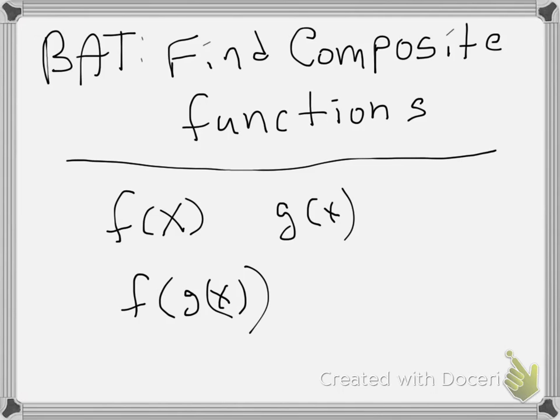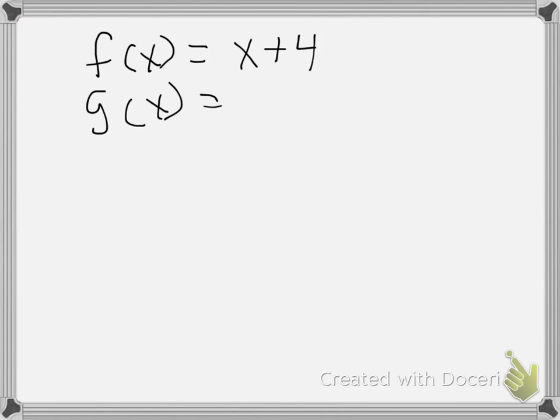Now, if we went ahead and named those things, if I said that f of x was equal to x plus 4 and g of x was equal to 3x squared, what we would do is use a notation like this.